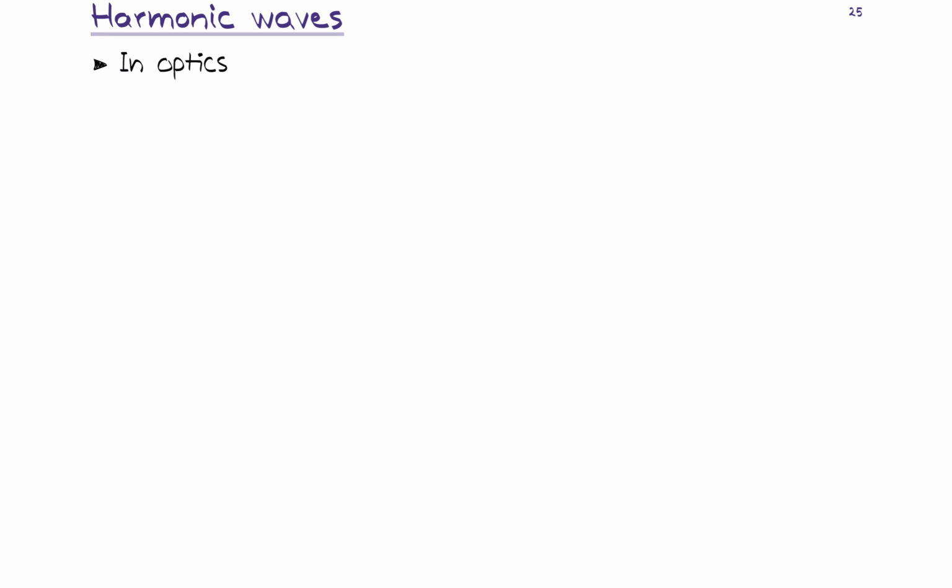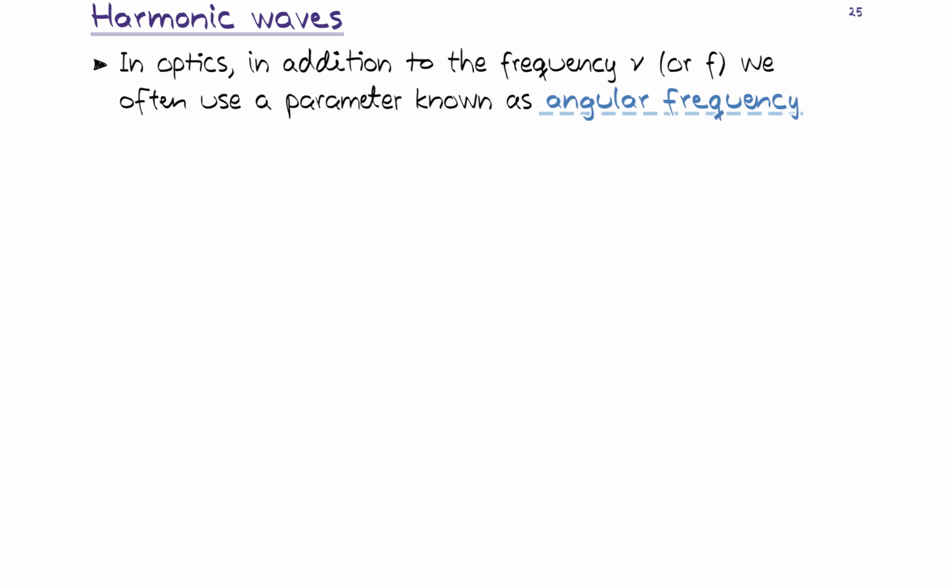Now, like I already said, especially in this course and the mathematical framework we're using in most of our courses, we don't really deal with the frequency nu or f that much, but rather we use the so-called angular frequency omega, and omega is defined as 2 pi multiplied by nu.